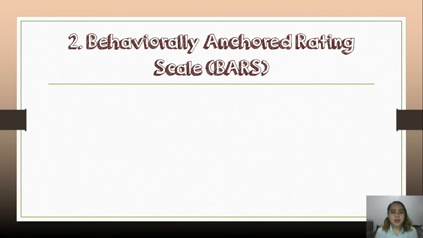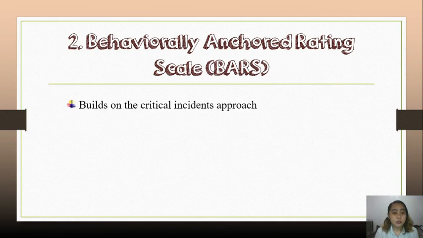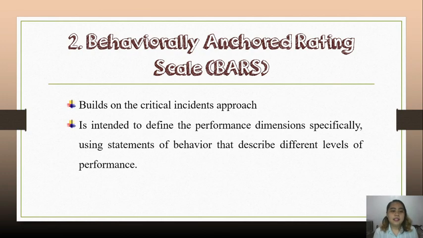Second is behaviorally anchored rating scales or BARS. So, BARS is built on the critical incident approach. It's intended to define the performance dimension specifically using statements of behavior that describe different levels of performance.